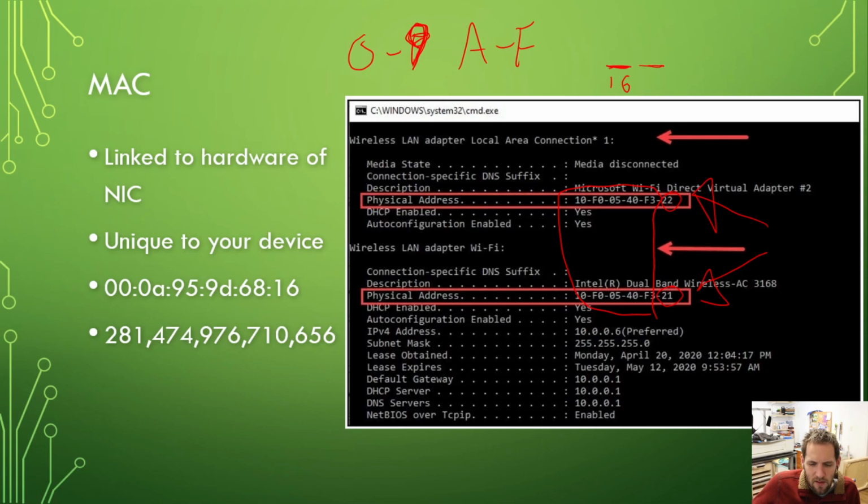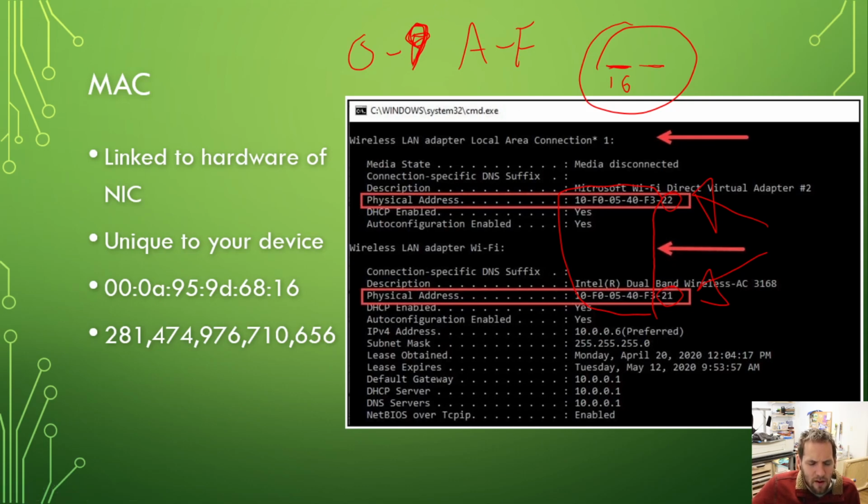That's 256 possibilities in 2 spaces. So that's a huge number of different possible combinations of devices in just 2 spots. As we go to more and more, obviously that number goes through the roof. That's just something to be aware of.